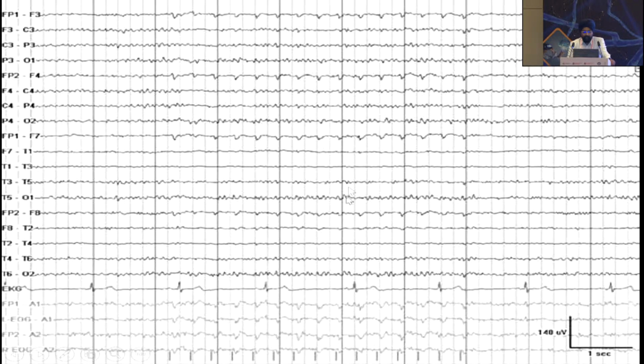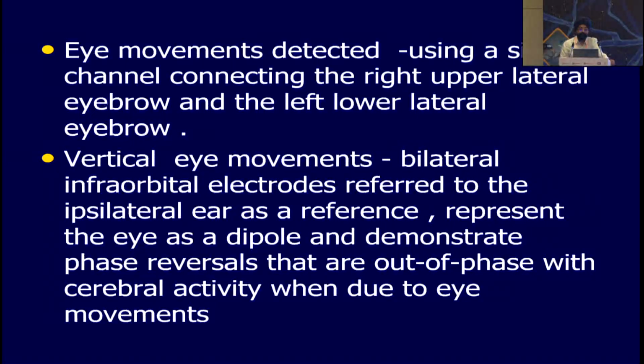So this is photic at 1, 2, 3 hertz, and we can see the anterior frontal lead showing a 3 hertz response. This has been confirmed by EOG also in this patient. EOG was also put on both sides, right and left. We can see a similar waveform recorded from the EOG also. It indicates an ERG finding.